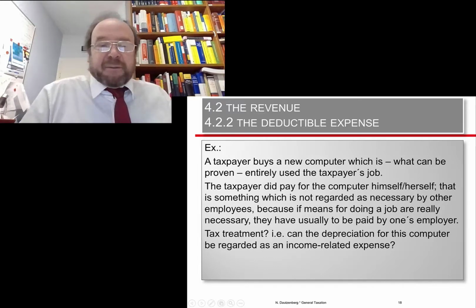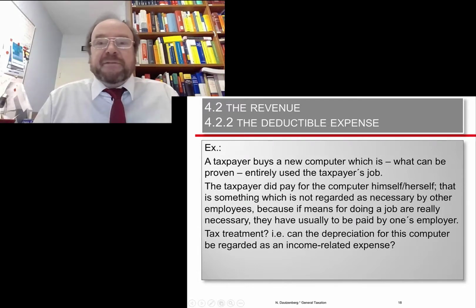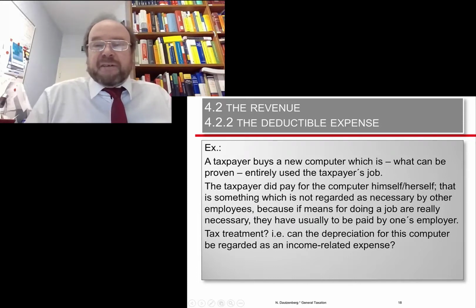Again, another example, taxpayer buys a new computer which is entirely used for the job. That is not really realistic, but I tell you so. We could prove that. So now the employee pays for the computer himself or herself, but that would not have been necessary. Can the depreciation for the computer nevertheless be deducted as income-related expense?